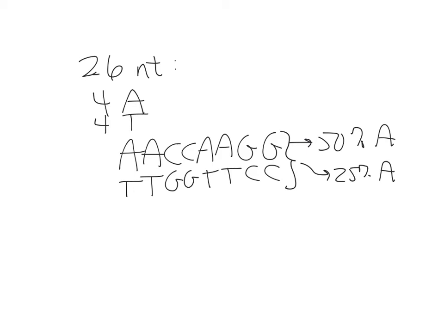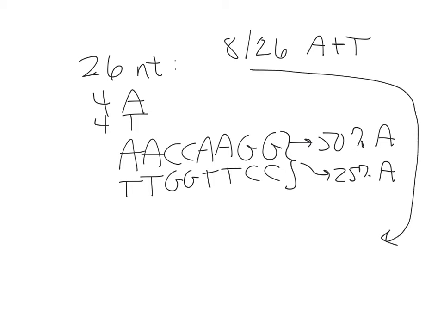So out of 26 nucleotides, 8 of 26 are A plus T. That means if we wrote in the second strand, if we were looking at the full molecule, instead of 26 nucleotides, now we'd have 52, and because of base pair complementation, when you have 8 A's and T's, when you look at this other strand, there will also be 8 A's or T's, so that's going to be 16 out of 52. That's A plus T. So what is that fraction?